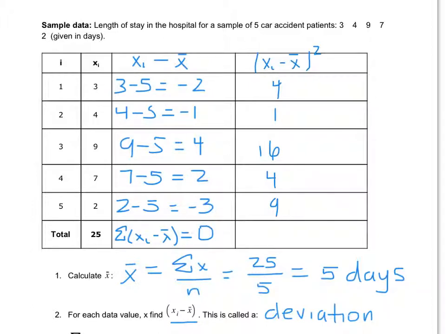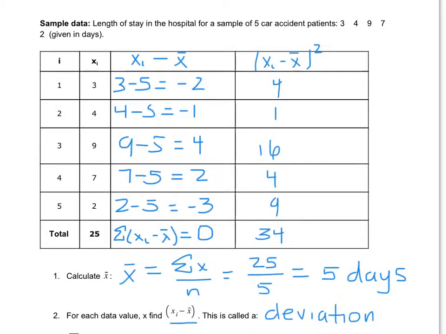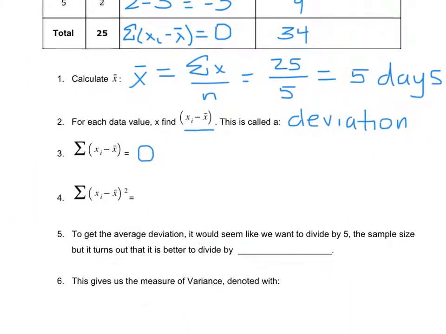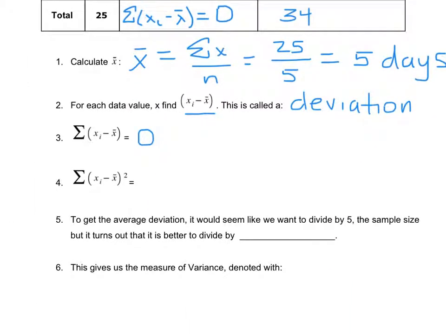If we add that column up, the total is 34, so we got something other than 0. Going down our step-by-step list, we added up the squared deviations and got 34. Let's make sure we're calling those what they are, the squared deviations.